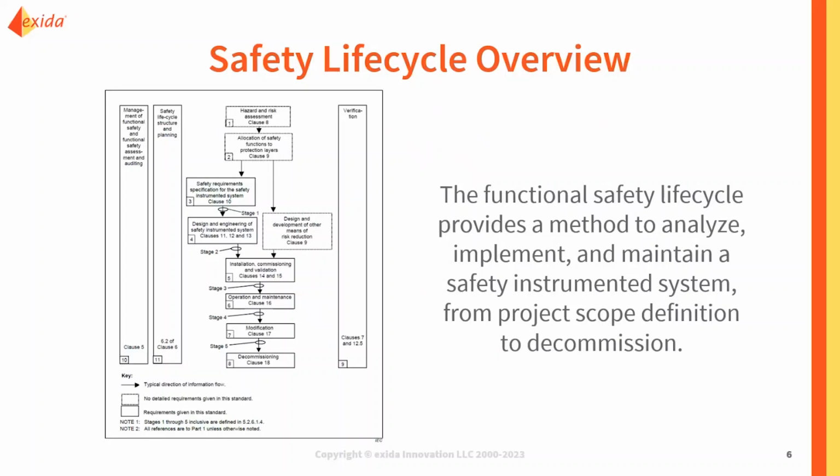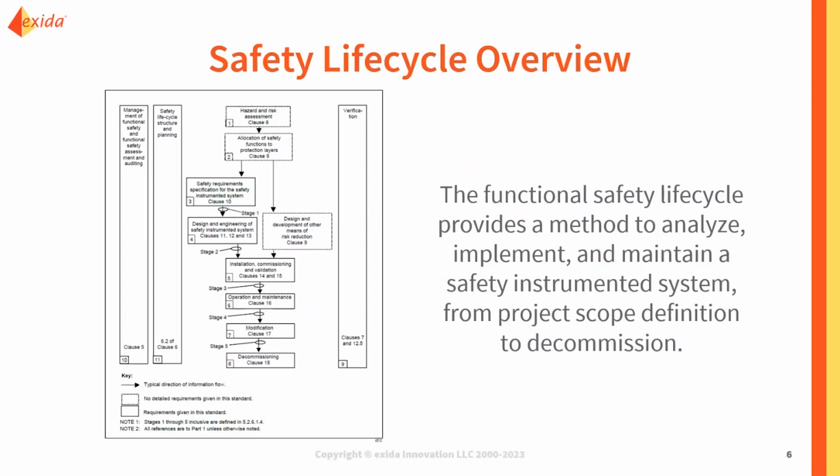You want to document requirements for that safety instrumented system. You want to design it according to that design criteria, and also communicate requirements for implementation before installation, before testing, and commissioning. Then obviously, as the safety instrumented system is running, you want to operate and maintain it. You want to collect data on its performance, do any modifications if needed, and ultimately decommission the safety instrumented system.